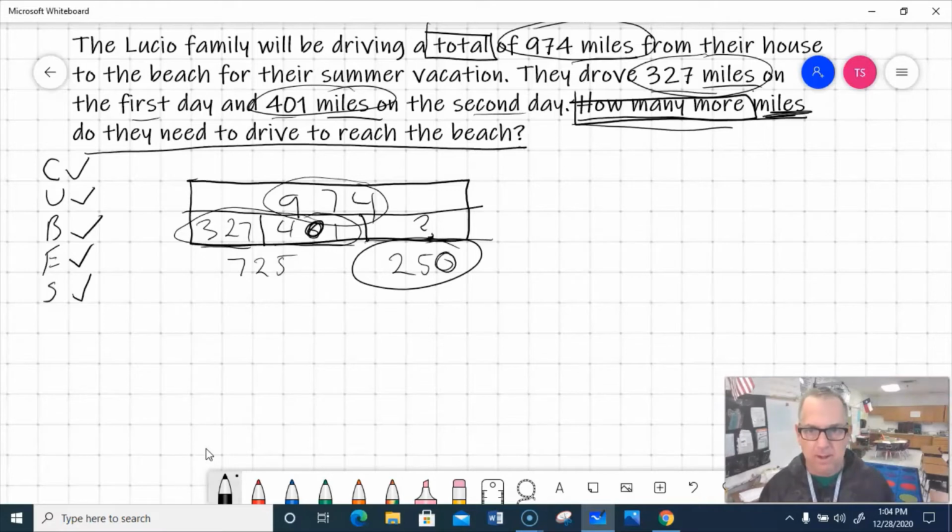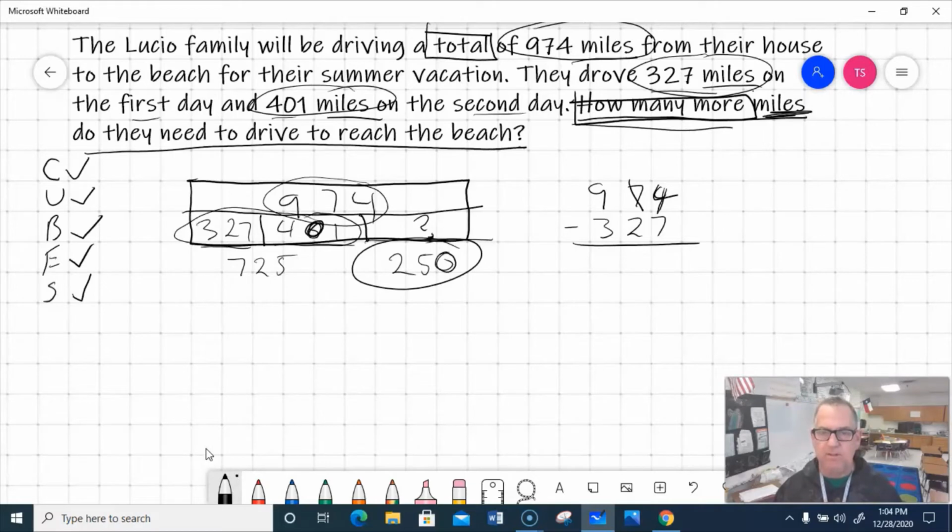And like I said, we'll do it both ways. The first way, we'll take 974 and subtract 327. Right here, I'm in the ones place. I can't take 7 away from 4. It's not possible, so I'm going to have to go to the tens place.